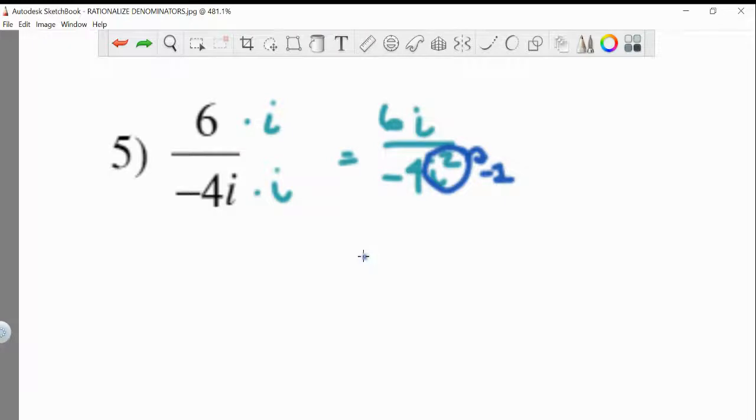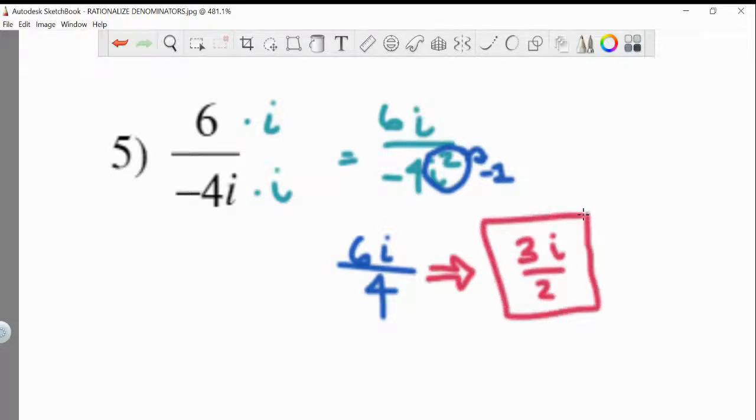So it's going to turn into a +4. So we're going to have 6i over 4. And we don't have to worry about the negatives. But I'm sure you're thinking, I know this can look a little bit nicer. Really, probably the best answer is 3i over 2. Okay, just feeling pretty good, pretty easy.